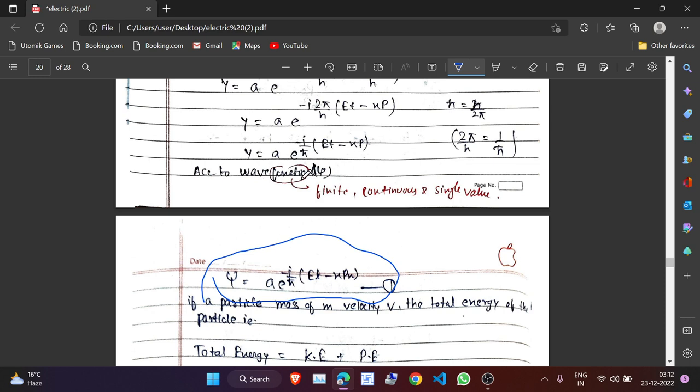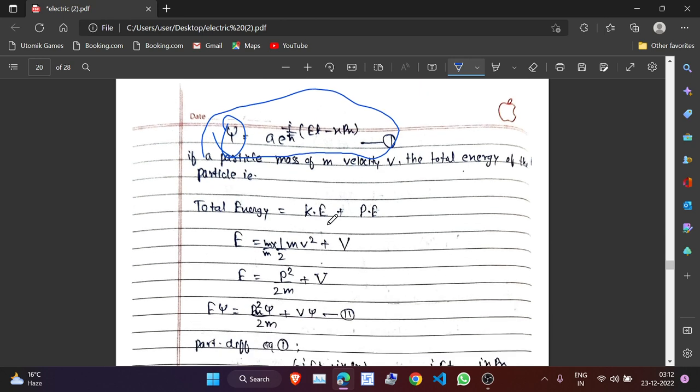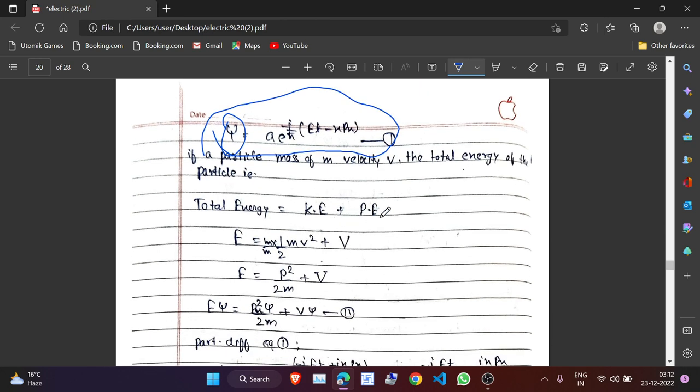Here, this is the wave function. Basically, we denote psi as a wave function. What is a function? A function is anything which is finite, continuous, and has a single value. For a particle of mass m, the total energy is equal to kinetic energy plus potential energy.